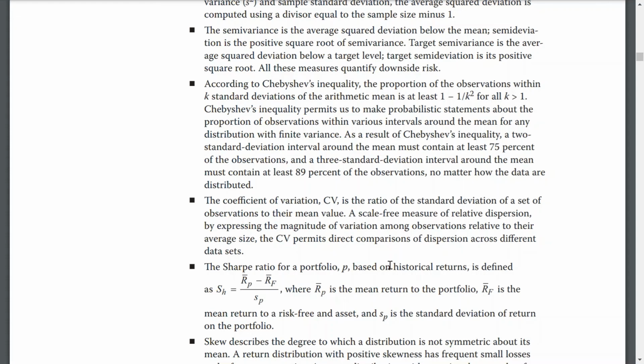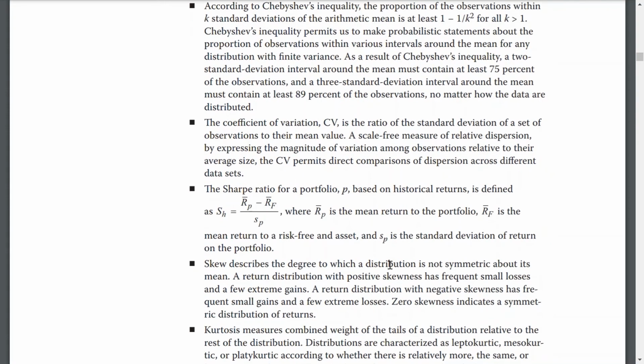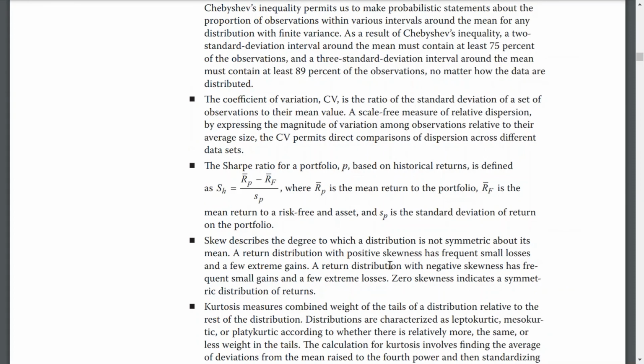No matter how the data are distributed, the coefficient of variation, CV, is the ratio of the standard deviation of a set of observations to their mean value, a scale-free measure of relative dispersion expressing the magnitude of variation among observations relative to their average size. The CV permits direct comparisons of dispersion across different data sets.